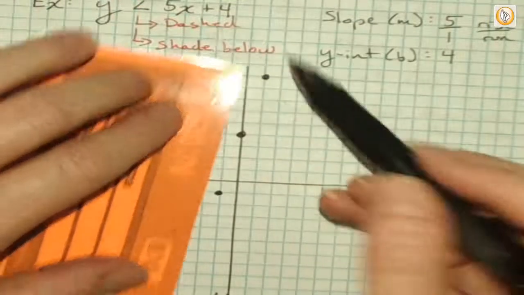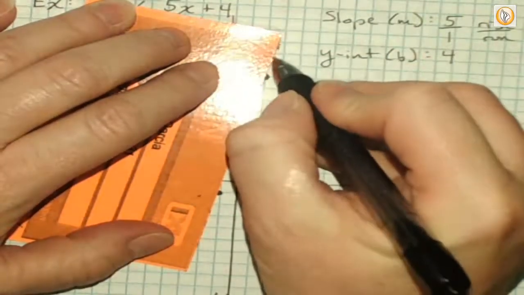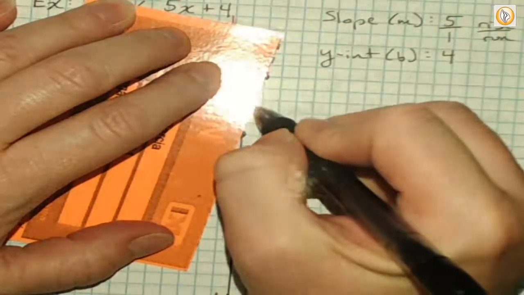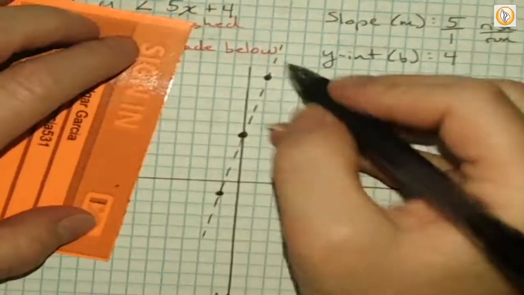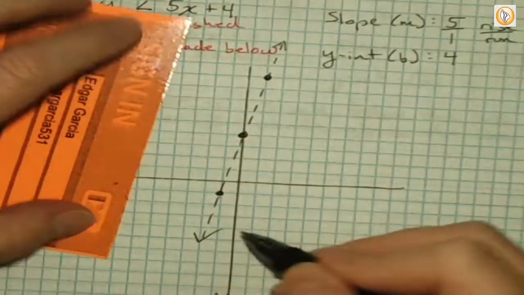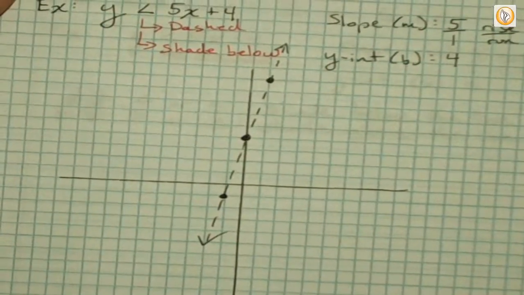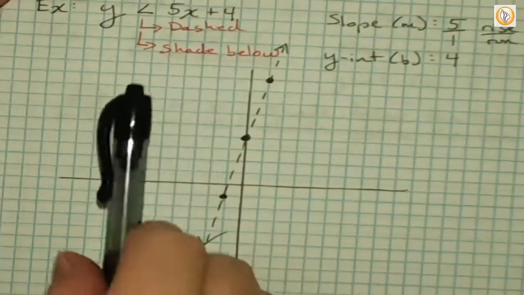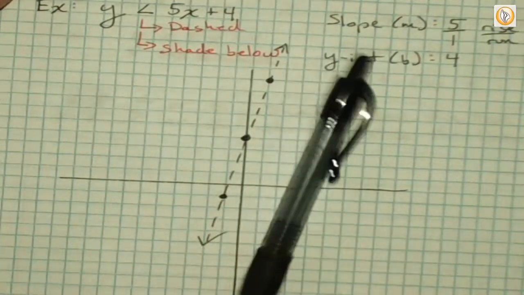It's a dashed line. Miss Rogers, you could do it to where you could just go down. You wouldn't have to do the one that goes up. Okay, it's dashed. Now, Emily said we're going to shade below the line. This is my line, guys.